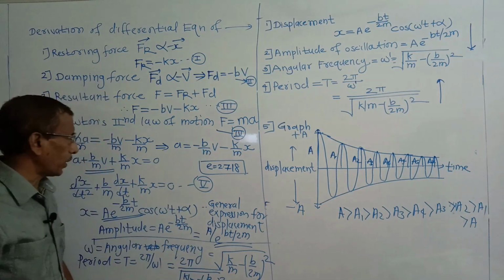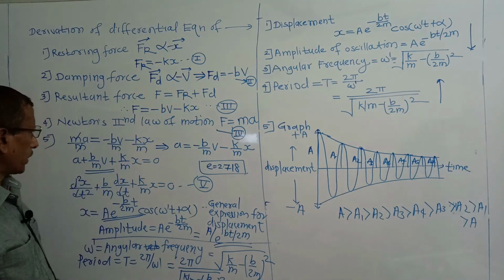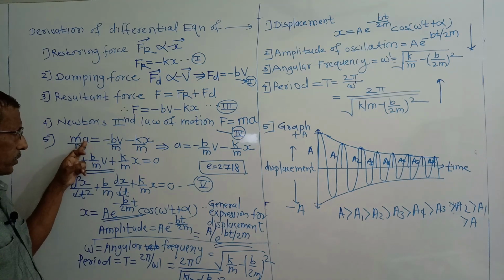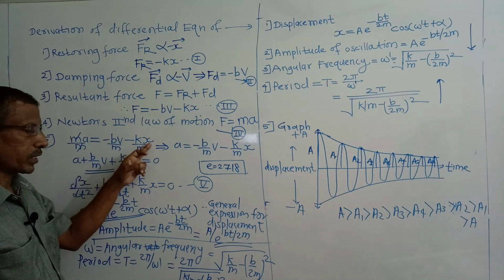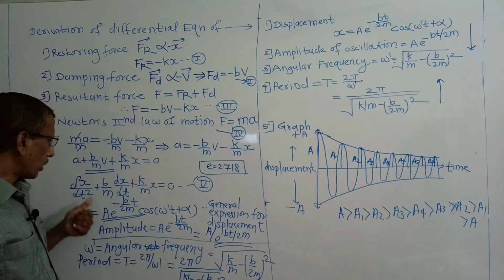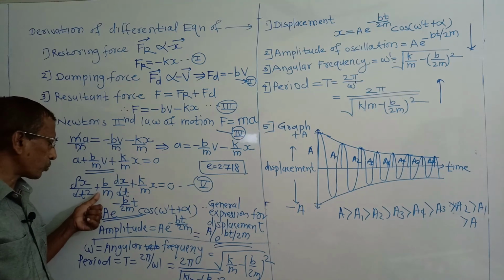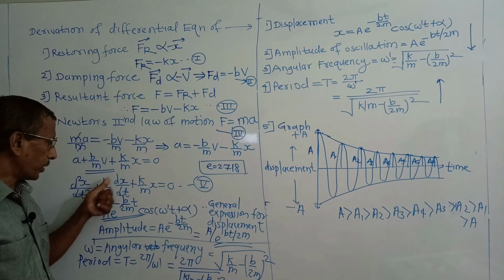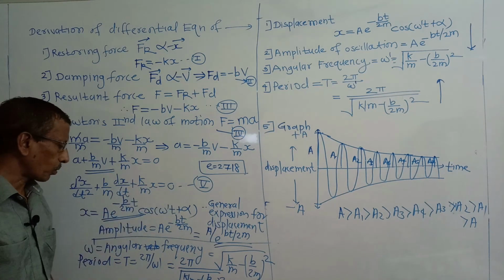According to Newton's second law, the resultant force is given by mass into acceleration. So ma = -bv - kx. And from that we obtain the differential equation d²x/dt² + (b/m) dx/dt + (k/m) x = 0.